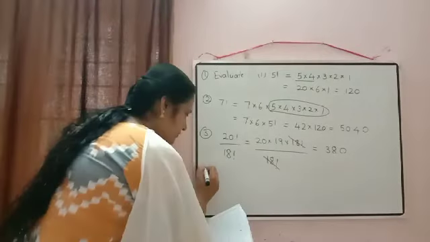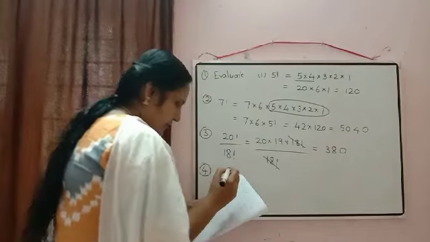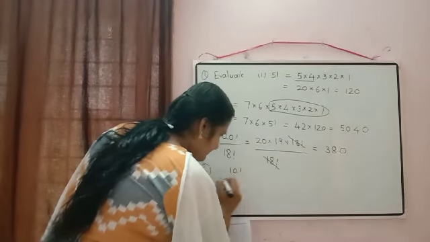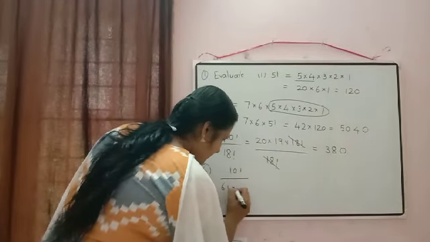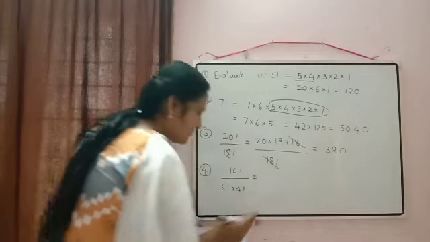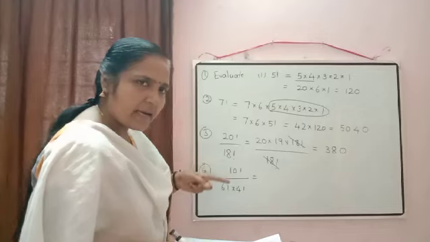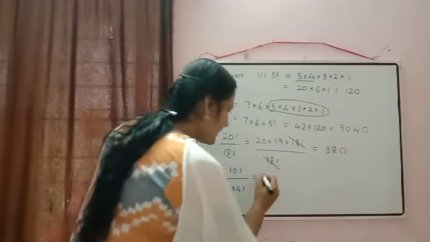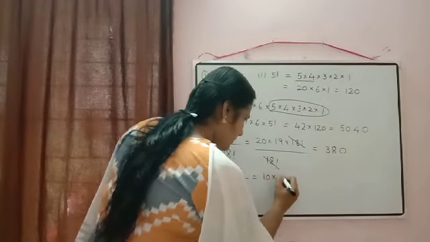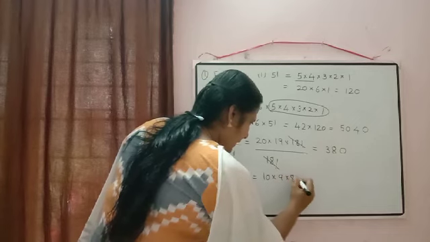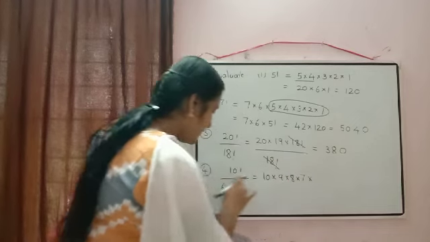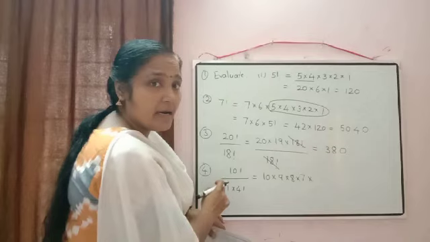Then next one, question number 4: 10 factorial by 6 factorial into 4 factorial. You can check that the greater number is 10. So how can we rewrite 10 factorial? It can be written as 10 into 9 into 8 into 7 into 6 factorial, since we have 6 factorial in the denominator.